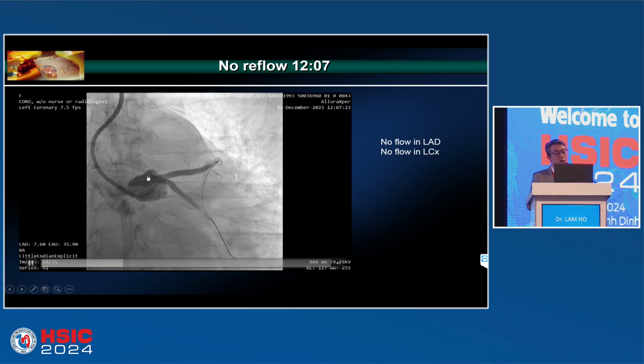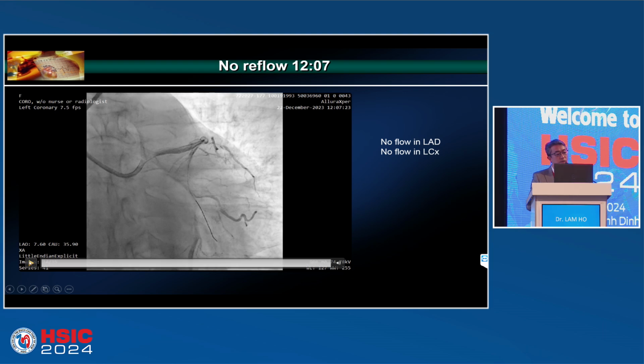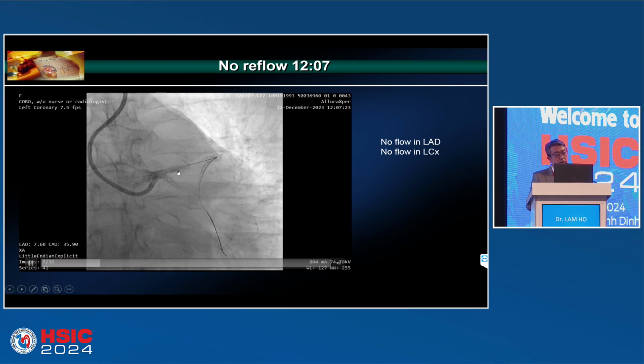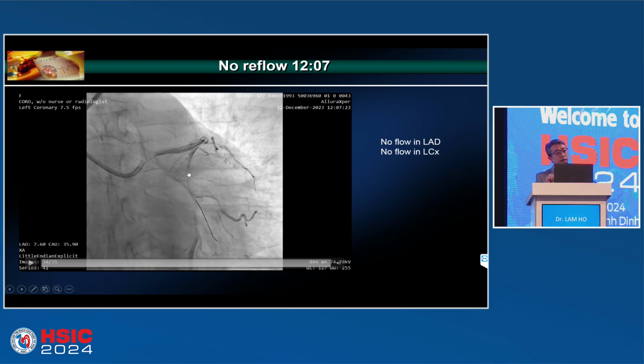And the patient is in shock. You can see the contrast stationary in the aorta because BP dropped. Why does this happen? Because it's a very lipid-rich part. You do the high pressure, and it's not calcium, it's very soft oily lipid, and then the lipid goes distal, so AD no flow.